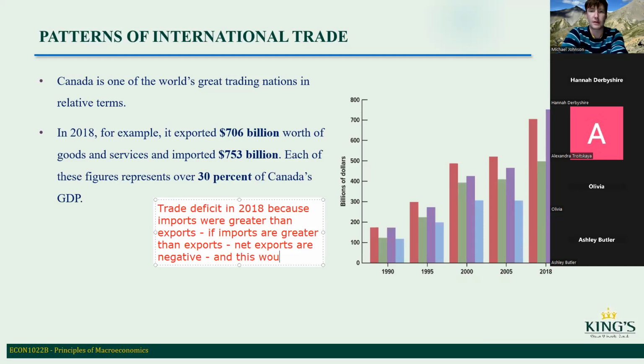And this would shrink the economy. So net exports were negative in 2018. In Canada, usually net exports are negative for the most part. So that's a common occurrence in Canada. Our net exports are usually negative.